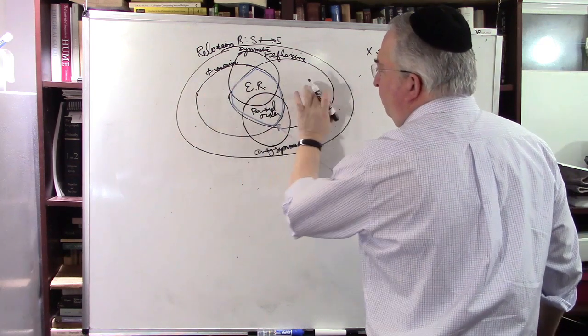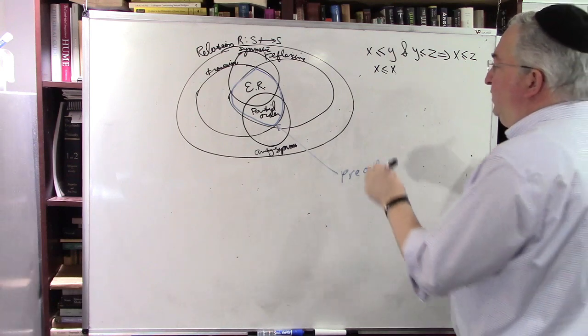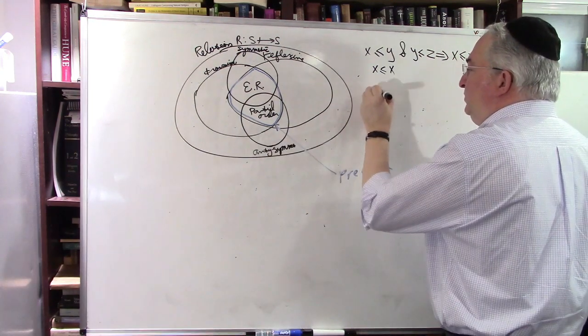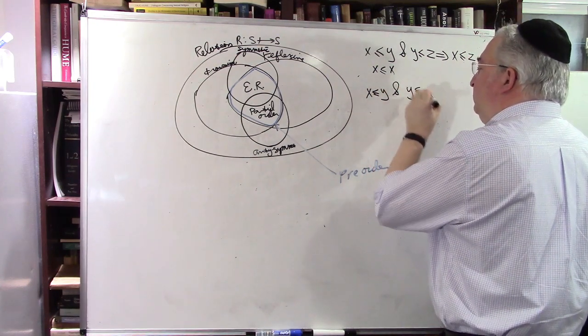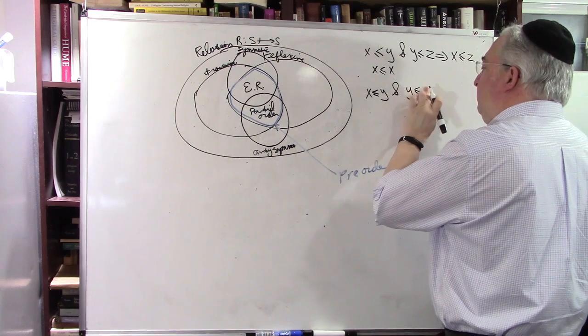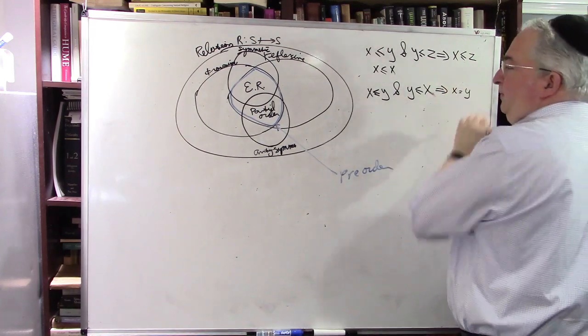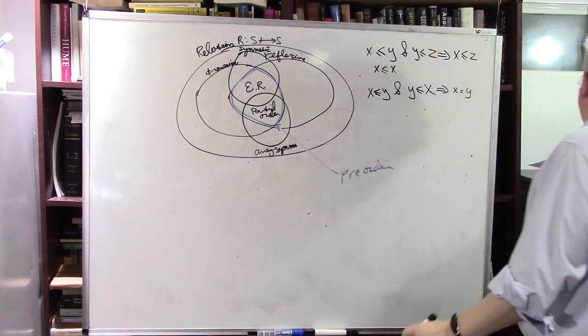It's transitive, reflexive, and antisymmetric. Let's do what a partial order is here. So we have to tell you what antisymmetric means. It basically means if X is less than or equal to Y and Y is less than or equal to X, this implies that X equals Y. Okay, so this is a partial order.